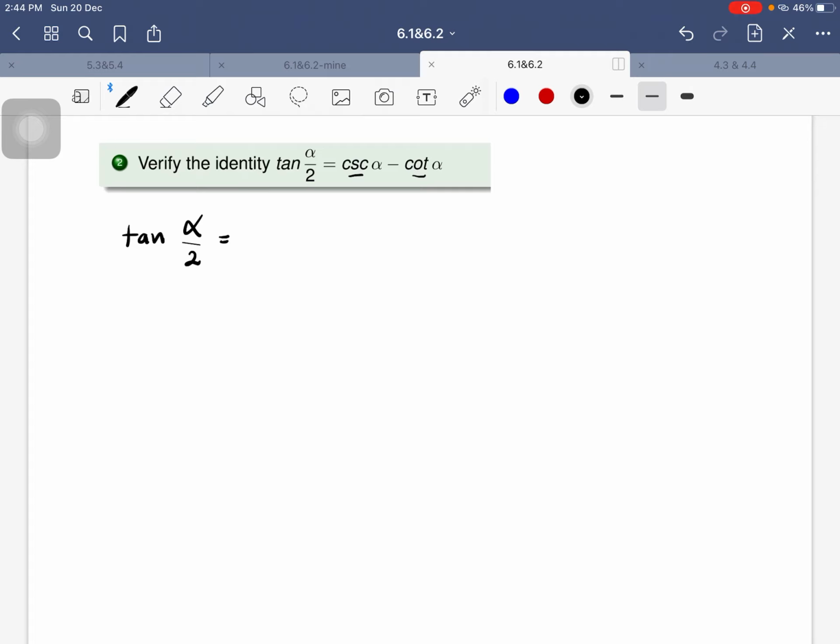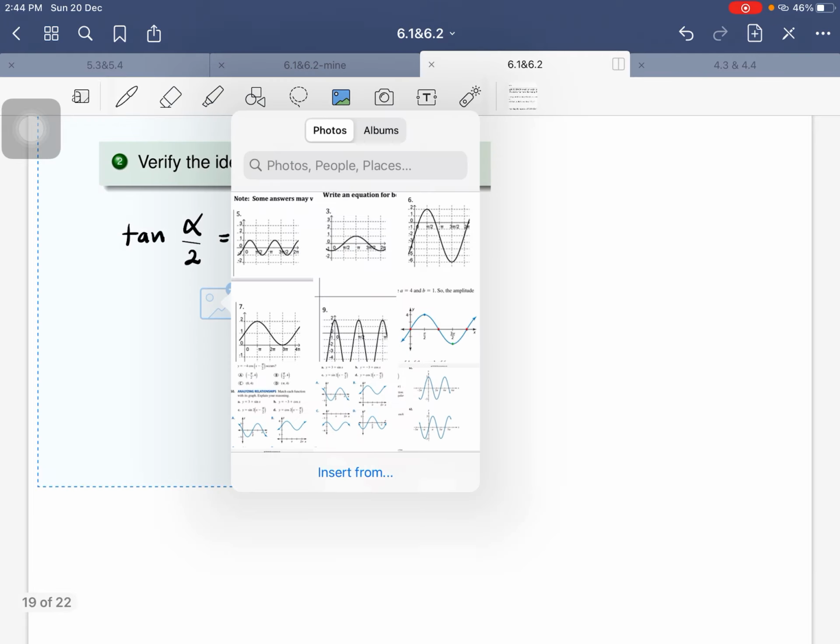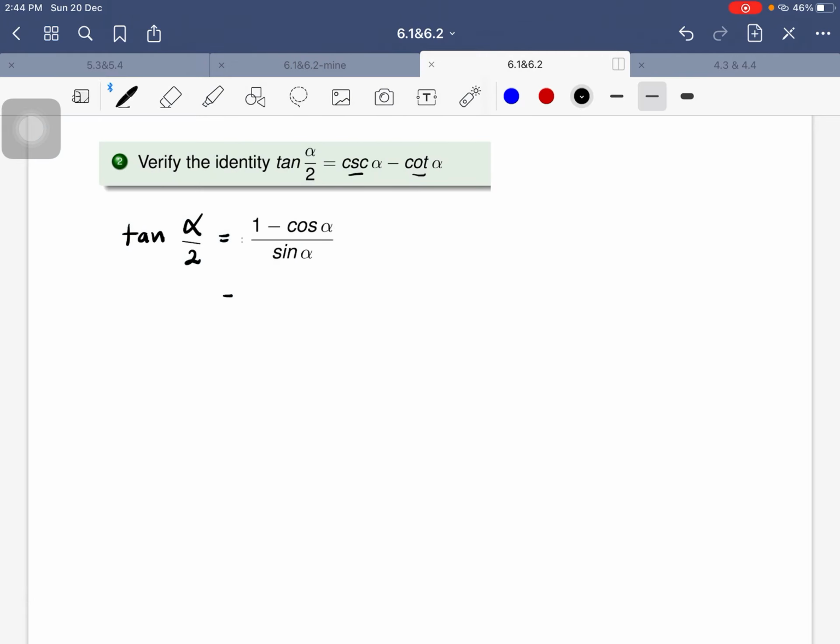Okay, so I have tangent of alpha over 2. According to the property, it is going to equal 1 minus cos of alpha over sine alpha. And I can actually separate this.